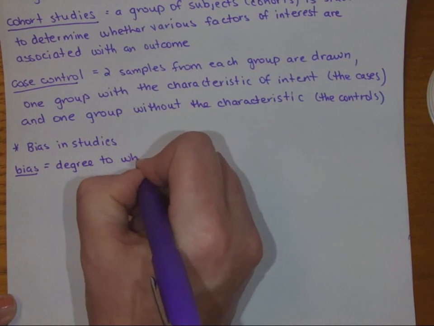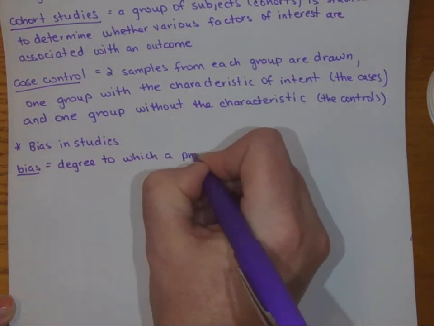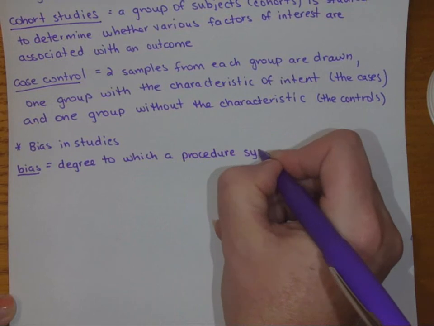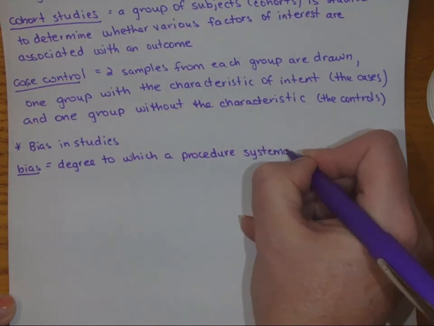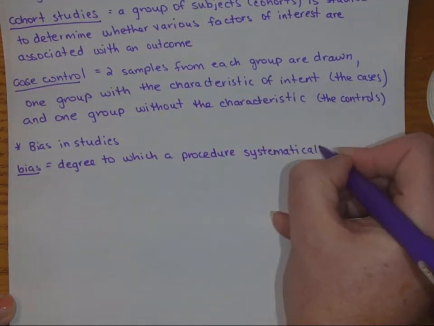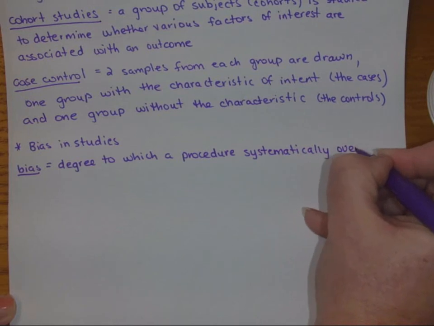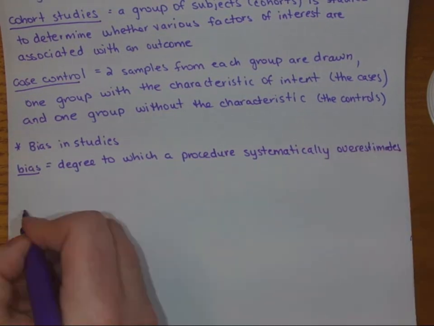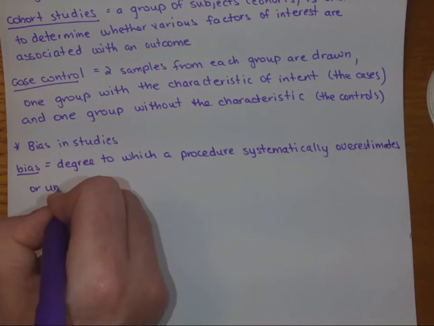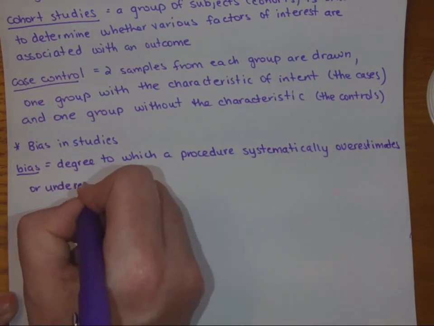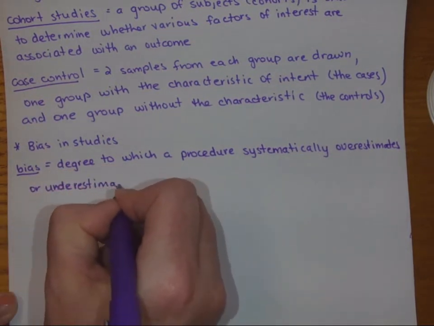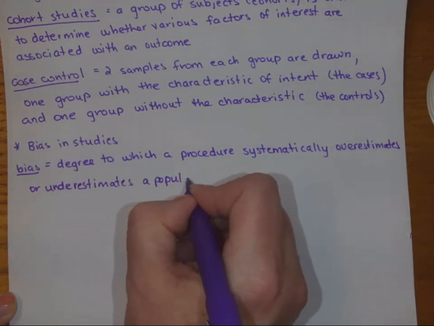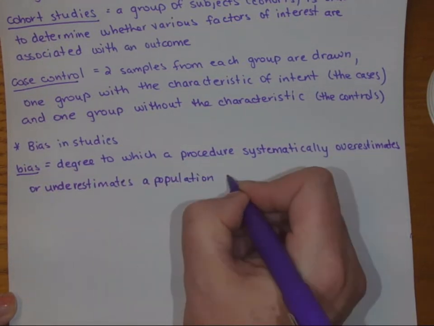So bias is the degree to which a procedure systematically either overestimates or underestimates a population value. So maybe we expect the numbers to be higher or lower or just somehow different than what they are.